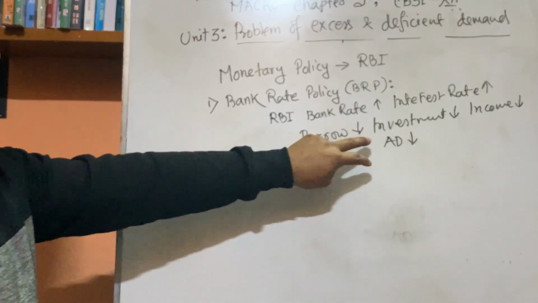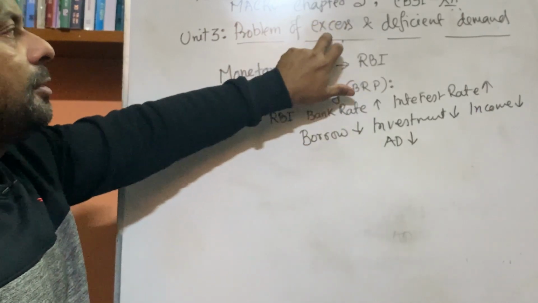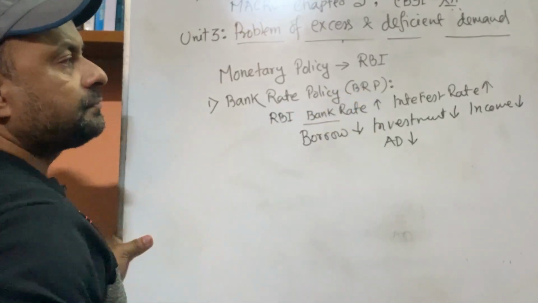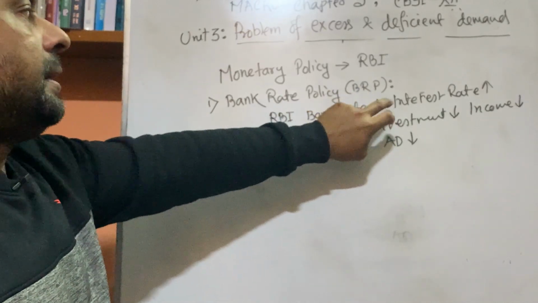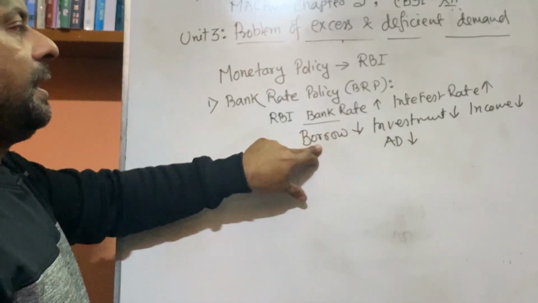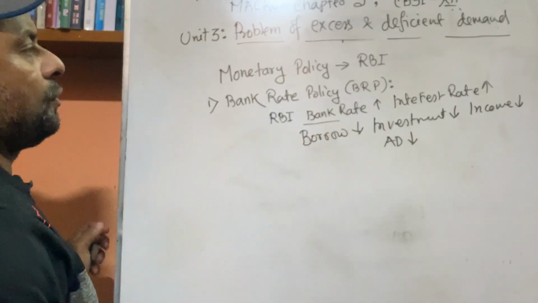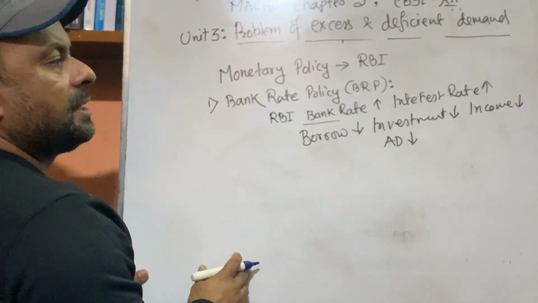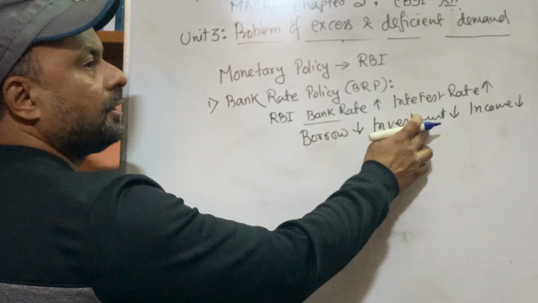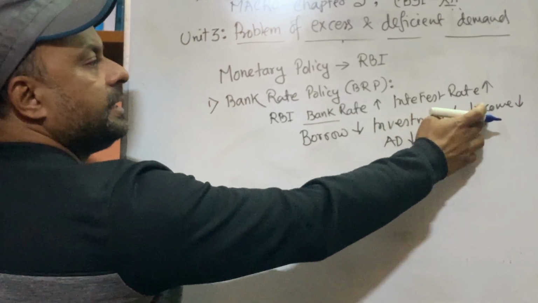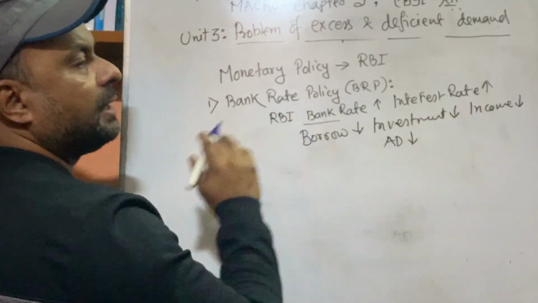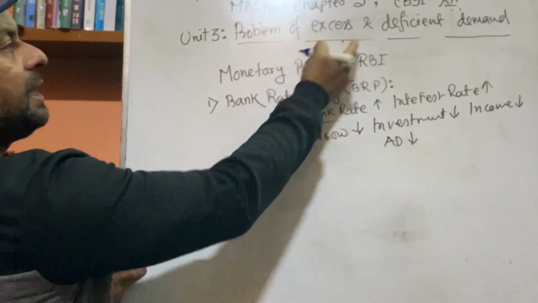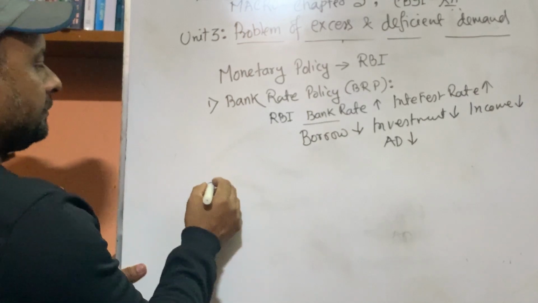So to reduce the aggregate demand level, that is to remove the problem of excess demand, the central bank increases the bank rate, so that borrowing becomes costlier. People will invest less in the economy because they will borrow less, income will fall, and aggregate demand also will fall. Okay, this is the bank rate. Just the reverse happens in the deficient demand situation.